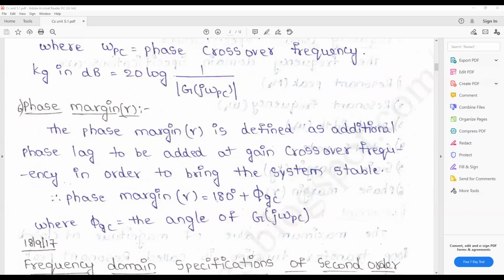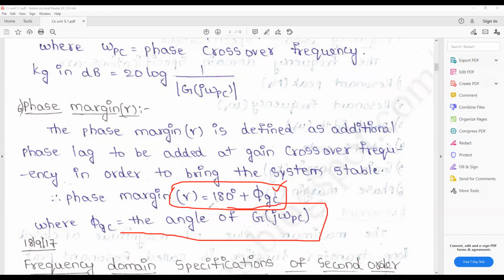The phase margin is 180 degrees plus the phase of G at the gain crossover frequency, where the phase at gain crossover frequency means the angle of G of j omega pc. Okay, so these are the frequency domain specifications.